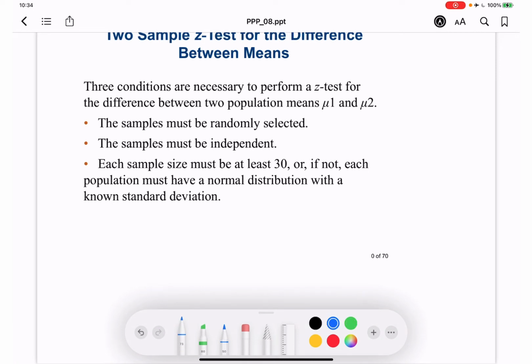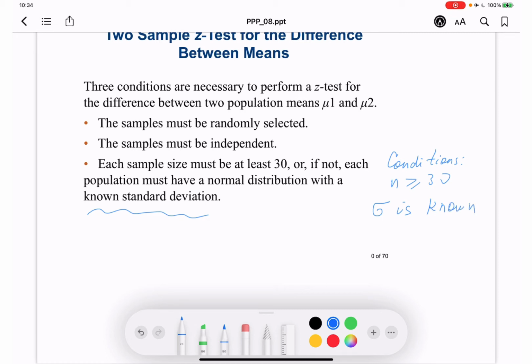So, conditions, very important. Either the sample size has to be greater than or equal to 30, or the standard deviation, sigma, is known.